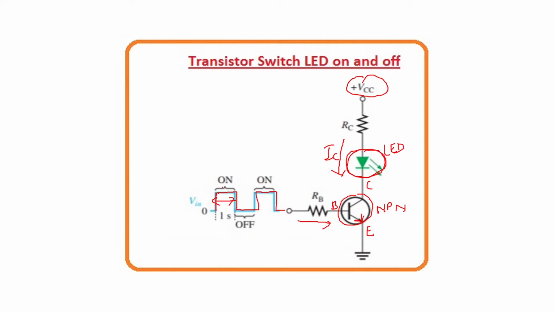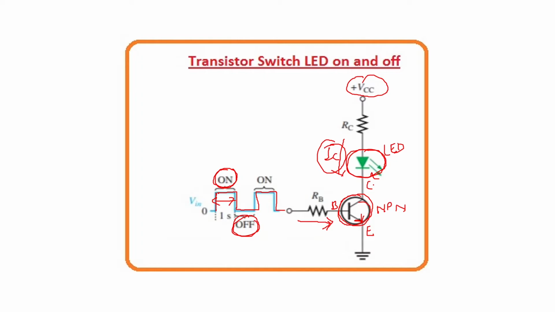So the LED will glow when the input is on for 1 second. Similarly, when the input is off for another 1 second, the base current will not be generated, the transistor will not go into conduction, there will be no collector current flowing, and the LED will not glow. So whenever the input is on, the LED will glow for 1 second. When the input is off for 1 second, the LED will be off.